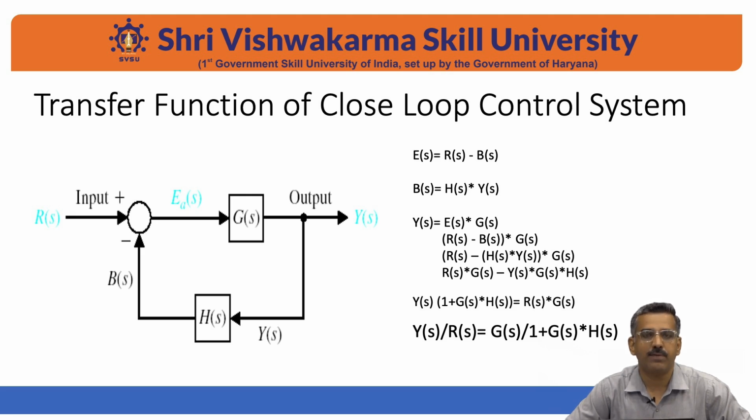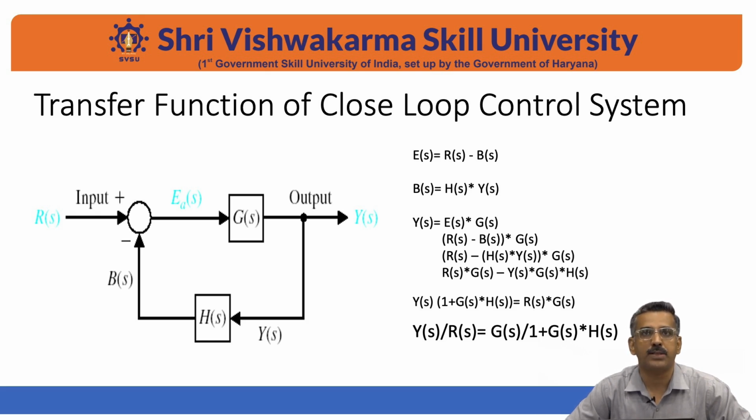Now, we will have the equation Y(s) is equal to R(s) into G(s) minus Y(s) into G(s) into H(s). Take the common of output factor, that is Y(s), on one side of the equation, and that is the output, and input parameter will be on the other side.